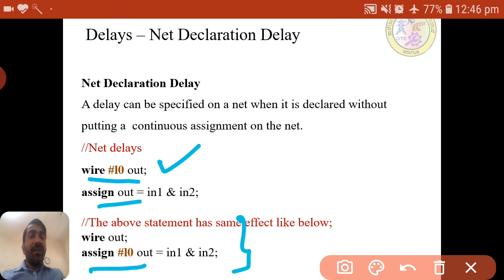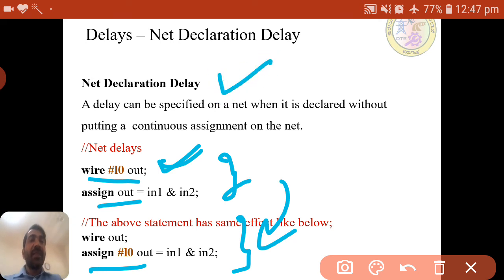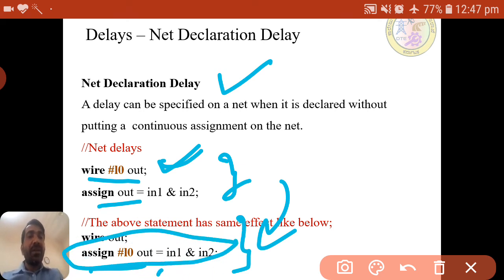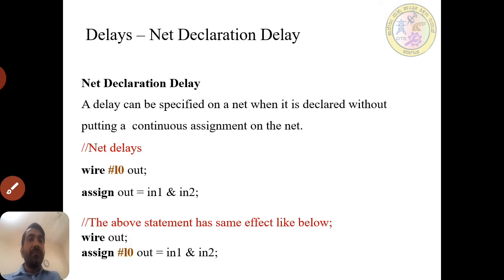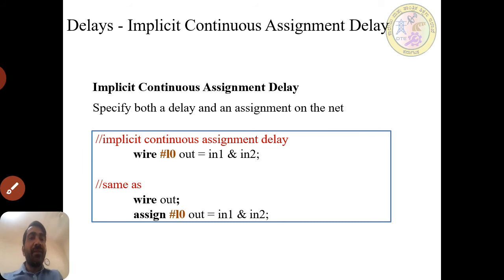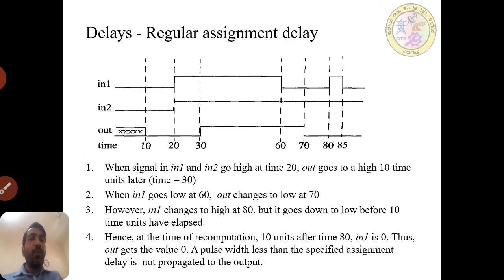So the delay we have assigned in the declaration, not in the assignment. This performs the same as what we normally write: wire out, assign #10 out. This we call the net declaration delay. But practically we will write like this only. Still, we need to know there are different ways of mentioning the delays.